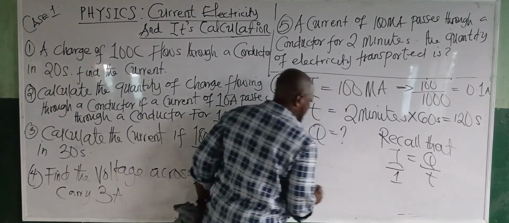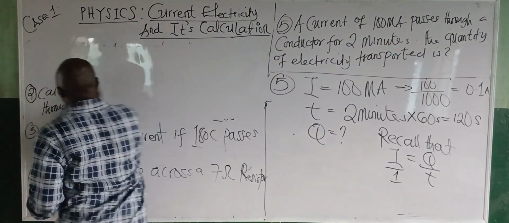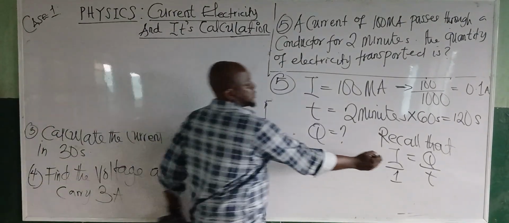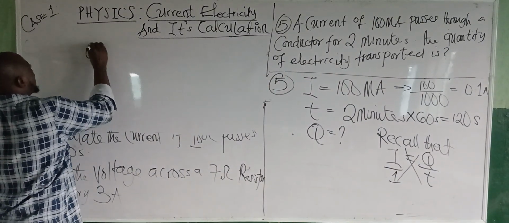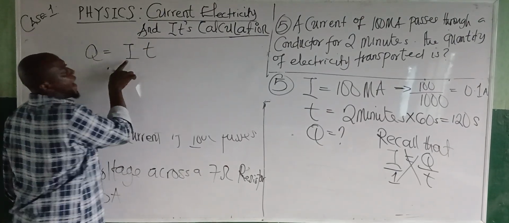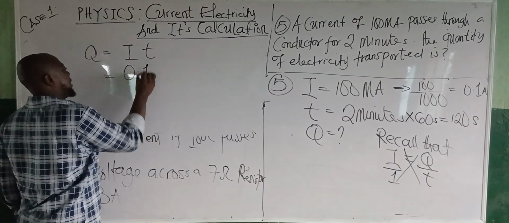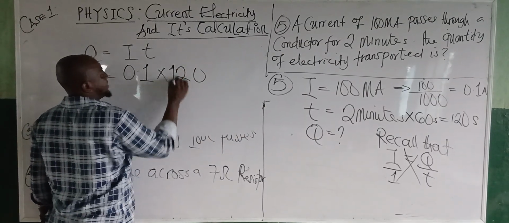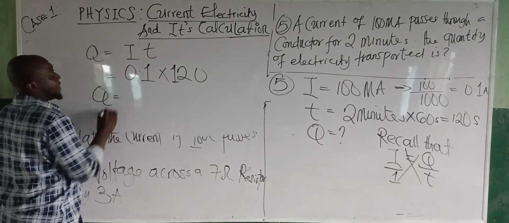Q equals IT, where I is your current and T is your time. So I have 0.1 times 120 seconds.